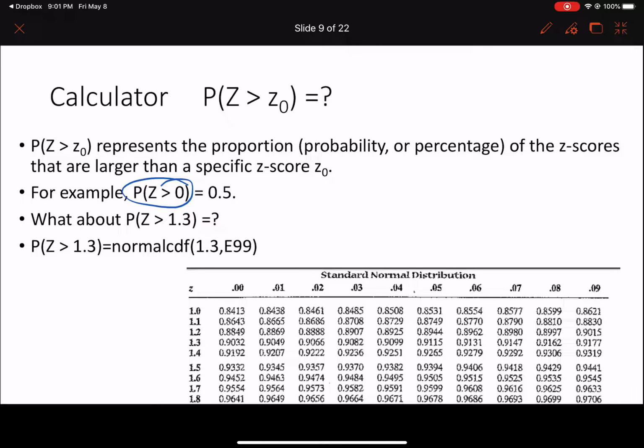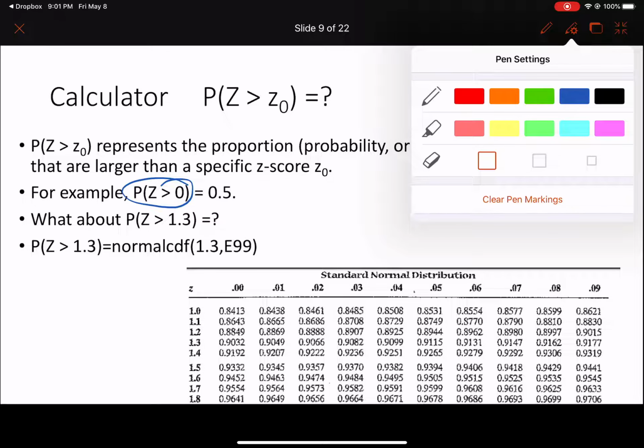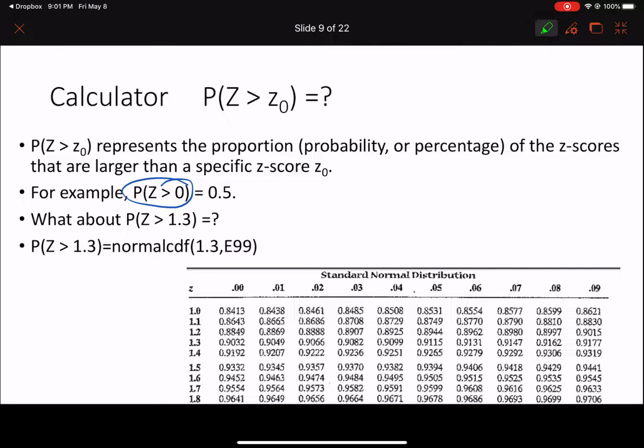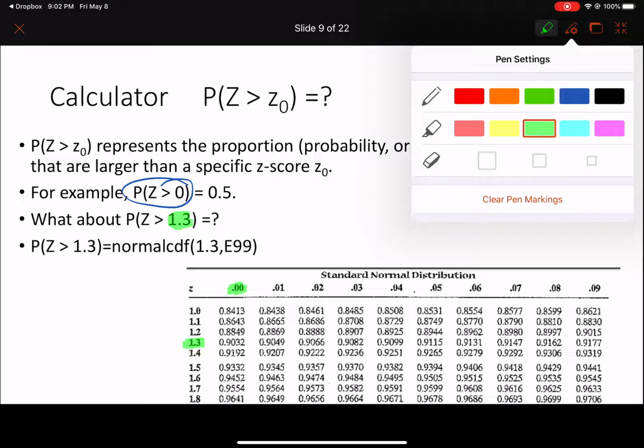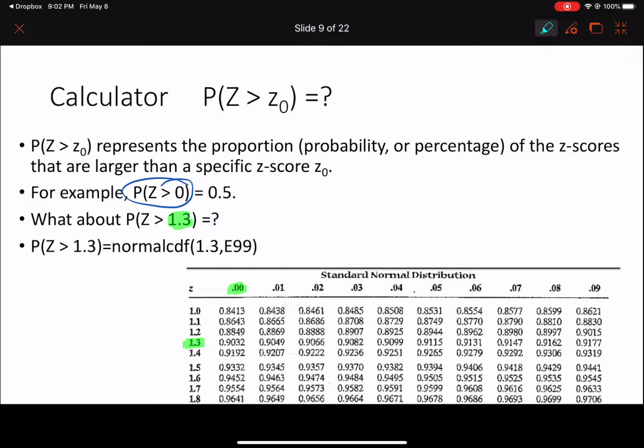So I'm going to show you once again how to find this. So the first thing I'm going to do is look for 1.3. I see that right there. So what is the number in my hundredths place? The number in the hundredths place is a 0, because if I have 1.3, the next number is 0. So I need to find the value that is in the 0, 0 column and the 1.3 row.